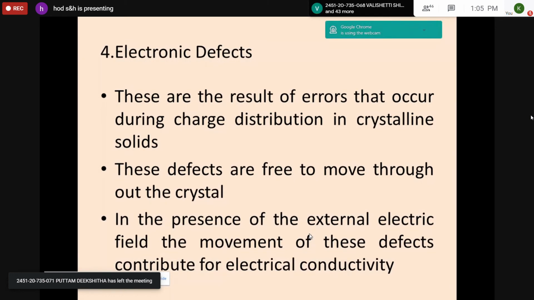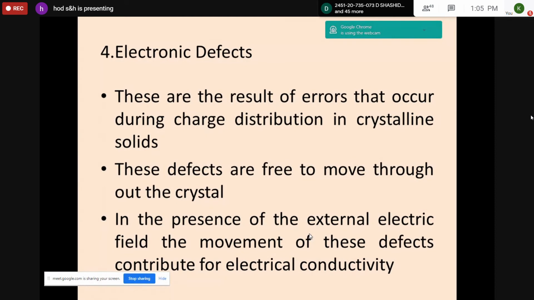These defects are called electronic defects. Sometimes they are deliberately added so that the actual crystal structure breaks down, and they contribute to the conductivity. Case by case, how it impacts the conducting behavior will change. But in general, during charge distribution in crystalline solids, some errors exist. It will not be perfect.